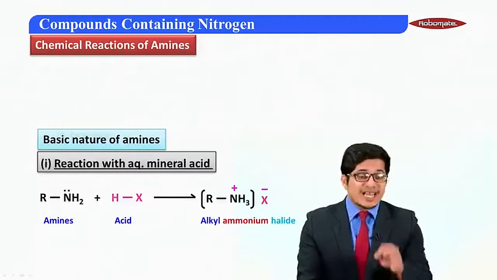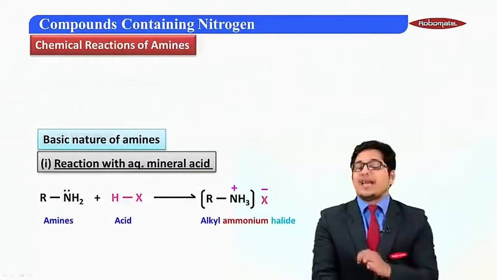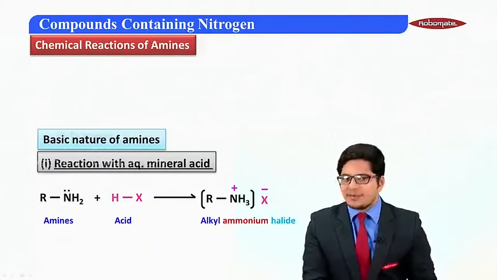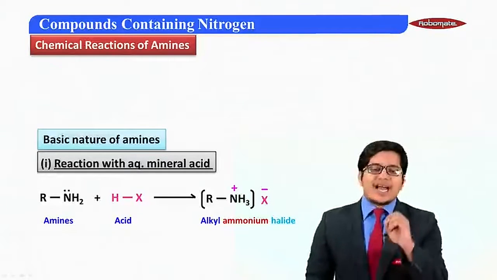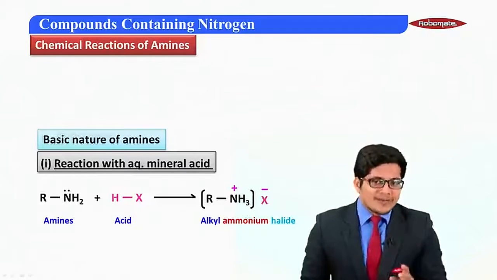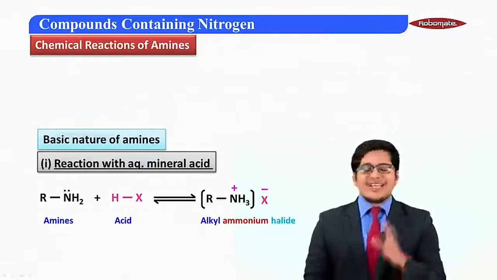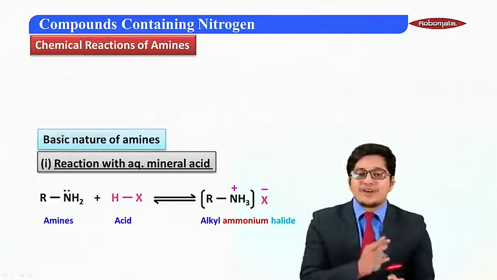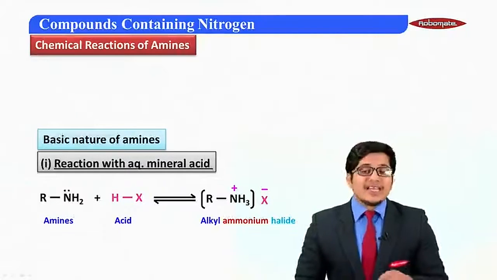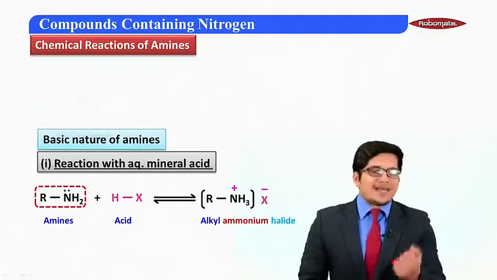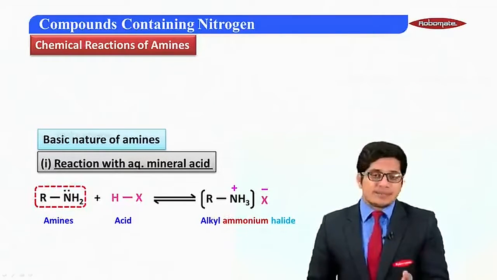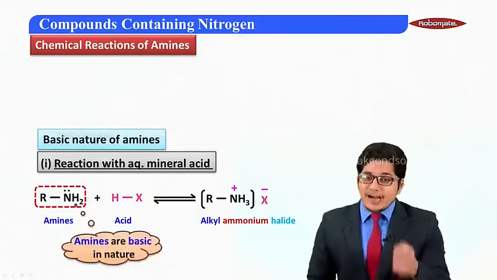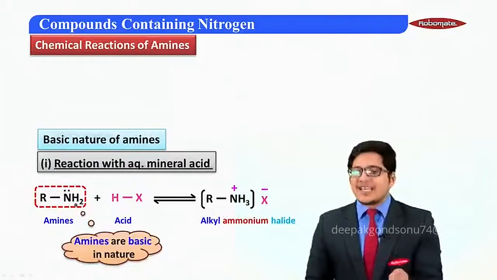This alkyl ammonium halide is the product of the reaction between amine and acid. But what if it dissociates? On dissociation, it reverses the reaction and gives back the amine. So in this first step, amines are basic in nature.